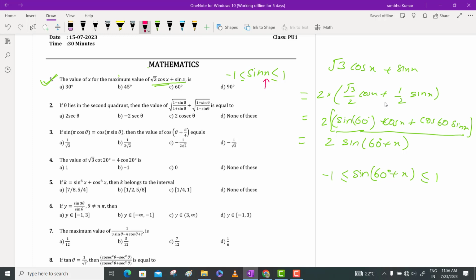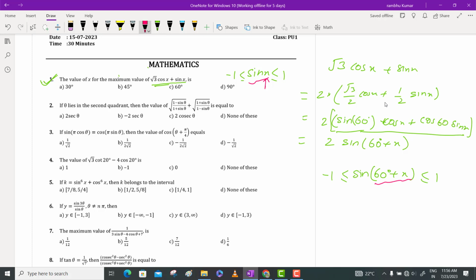For any input, this particular sin x lies in between 1 and minus 1. So here maybe input is x plus 60, but still the output will be in between 1 and minus 1. Because maximum value of sin x is 1 and minimum is minus 1. Sin x cannot go beyond and give you a value which is more than 1 or less than minus 1. So this is the reason.